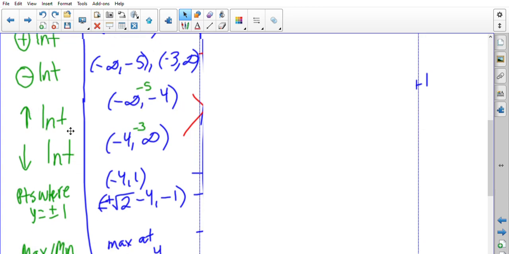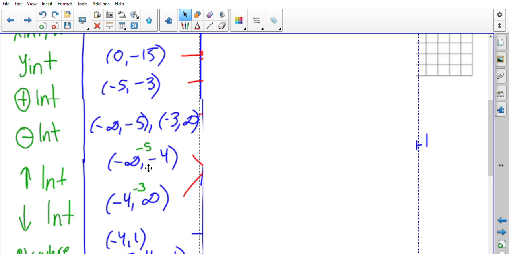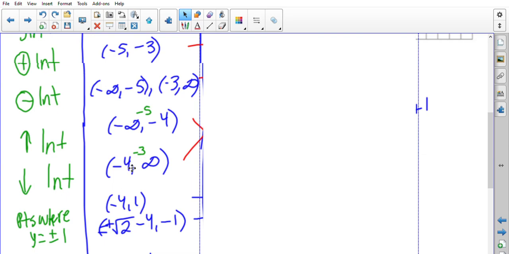Our increasing interval, because this parabola is opening downwards, is going to be increasing to the left of its vertex. We know its vertex occurs at -4 for the x-coordinate. So it's going to be increasing from -infinity to -4, and then it hits its vertex and decreases from -4 to infinity.